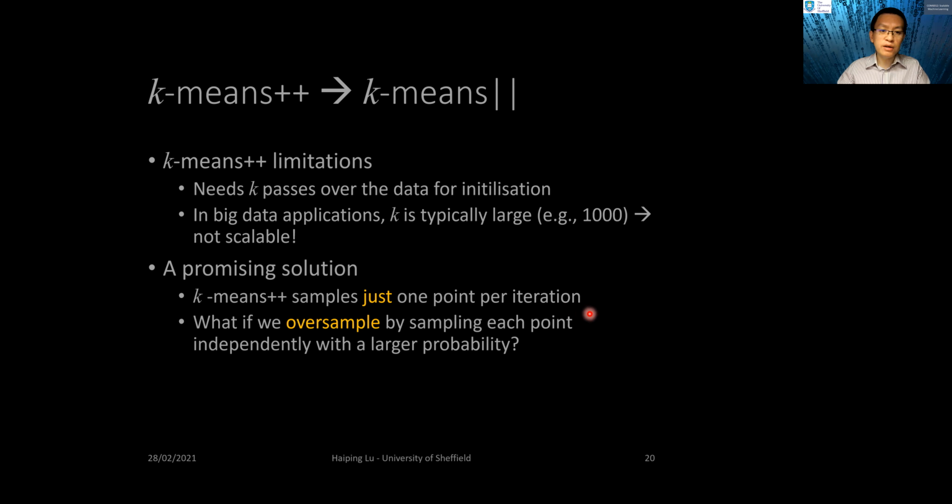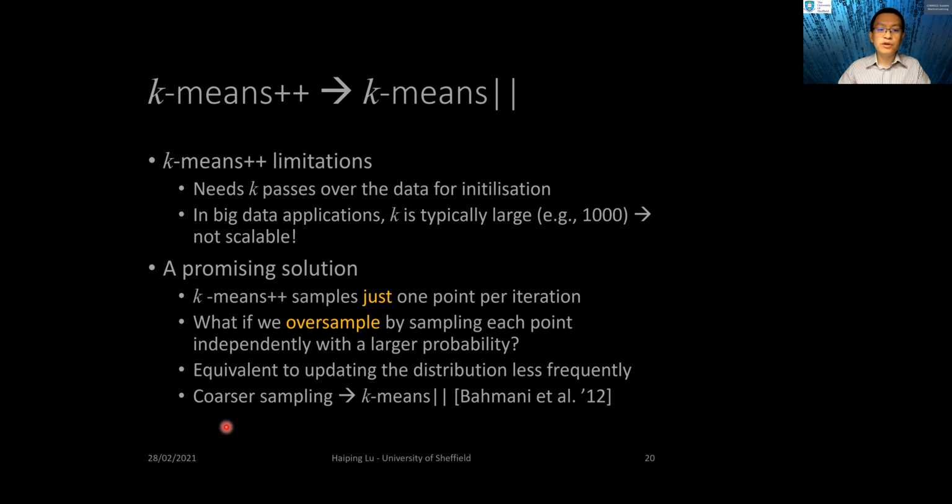So the idea is, what if we oversample? What if we oversample by sampling each point independently, but with a larger probability, and sample more than just one point? This is actually equivalent to updating the distribution less frequently.